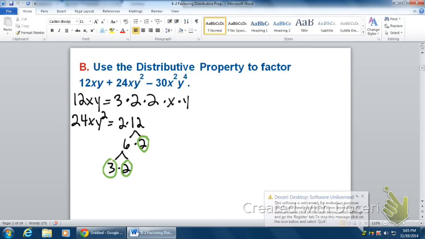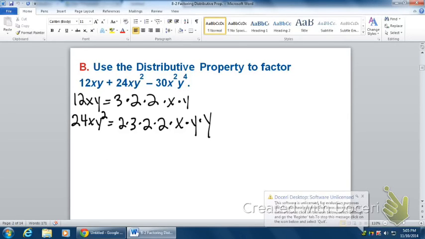Now we already have that original 2 up there, so we got 3, 2, 2. I'm going to erase this and write this neatly. Now remember, always check your answer. 2 times 3 gives me 6. 6 times 2 gives me 12. And then 12 times 2 gives me 24. Now it's pretty simple to factor out the variables. If I just have one x, I just got one x. If I got a y squared, I got two y's.